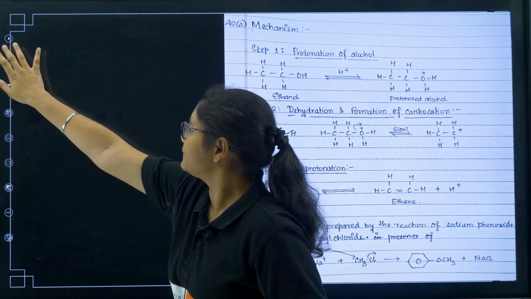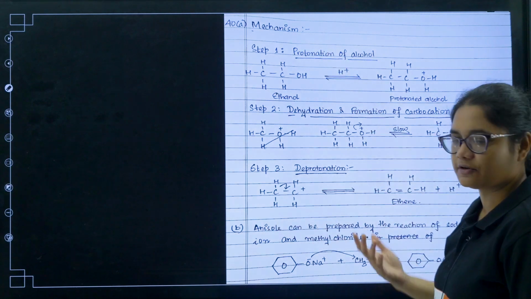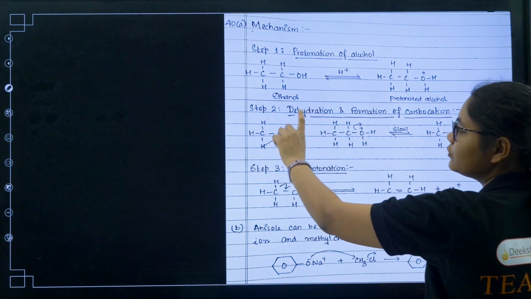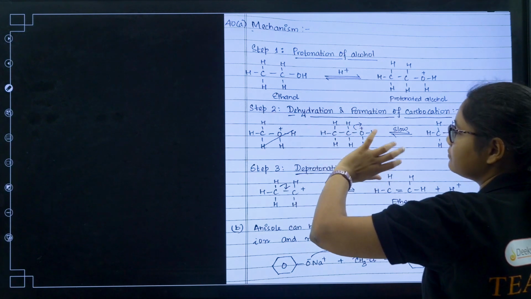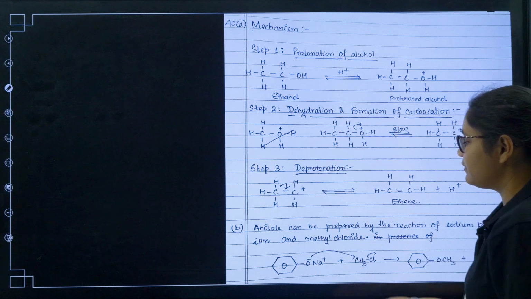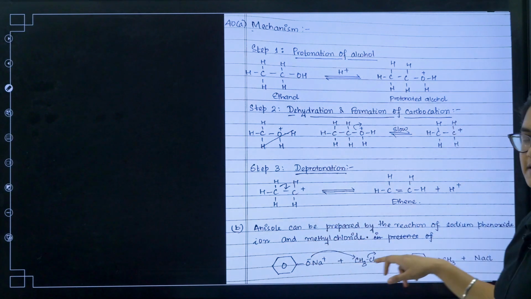So how will I write? So the mechanism, step 1, step 2, step 3. 3 steps, 3 marks. See, suppose here you have done any mistake, you don't have to cut it in a very dirty way. Just put a straight line and then do it. That is fine. Then when anisole question is there, explanation 1 mark and then example 1 mark.